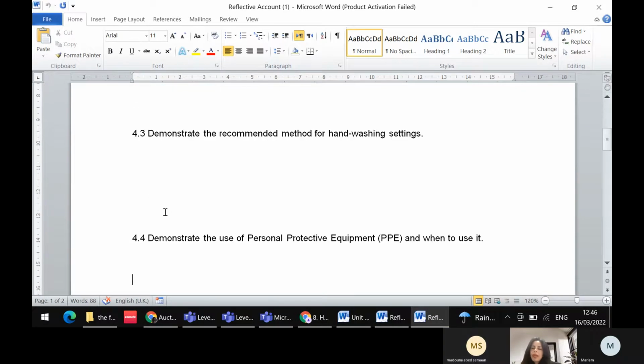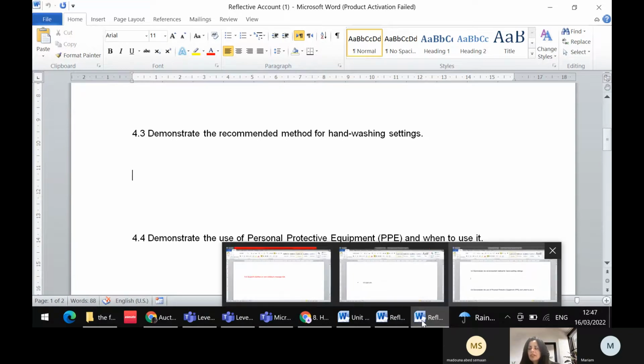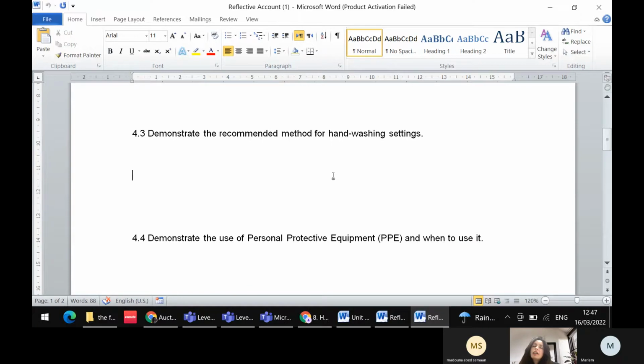Now demonstrate the recommended method for hand washing in the setting. It says demonstrate, so you need to show here. If I was coming to your place, I would be asking you to demonstrate it for us.